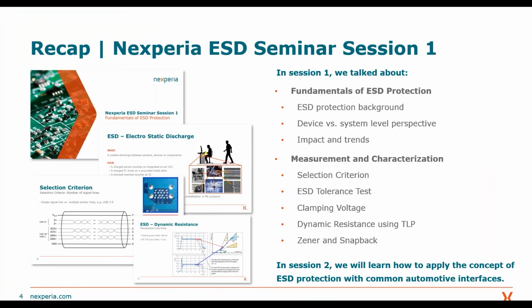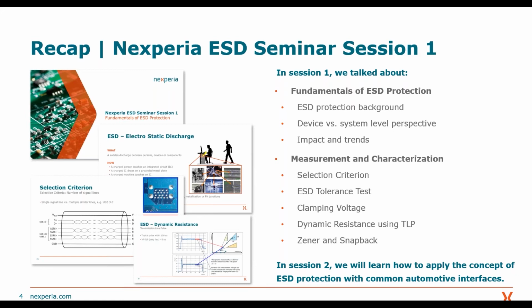But before we continue discussing automotive applications, let's have a quick recap of what we discussed on Tuesday. In our first session, we discussed the fundamentals of ESD protection. We discussed why we talk about ESD protection, and we focused a lot on the difference between device and system level perspective.